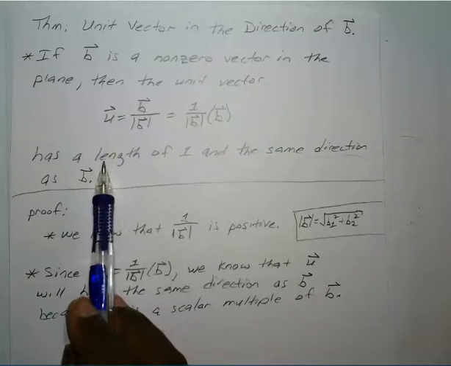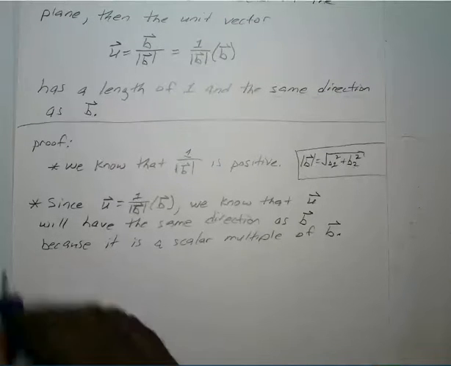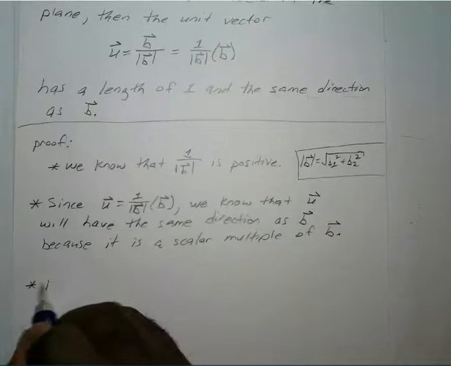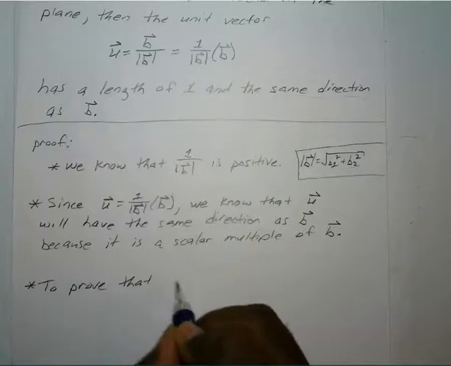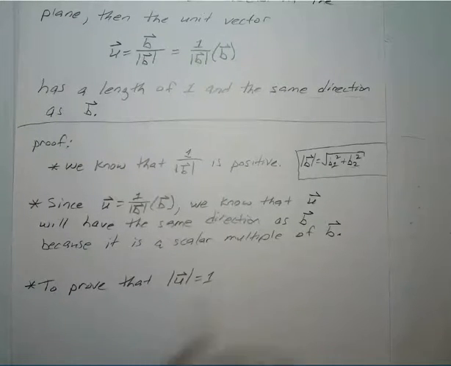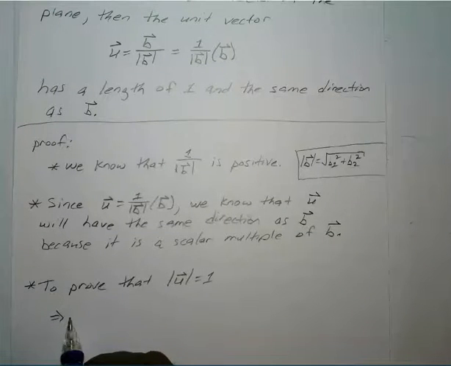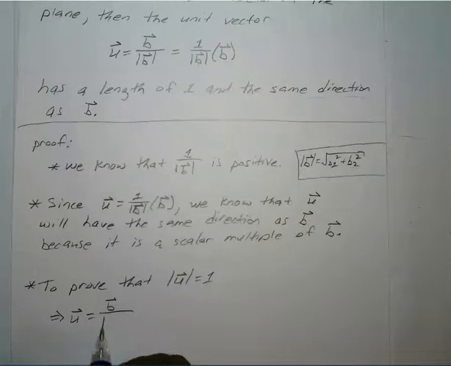Now we have to prove that it has a length of 1. To prove that the magnitude is equal to 1, we know that u is equal to the b vector over the magnitude of the b vector.